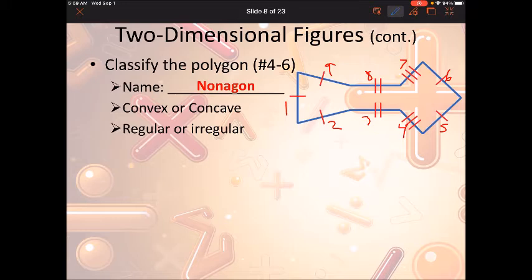If we were to connect, let's just say this vertex down here with this vertex over here, I do get several points that are inside now, which means that my figure is going to be concave. And there are several different lengths of sides, so that means it has to be irregular. I will also note that if it is a concave figure, it has to be irregular.